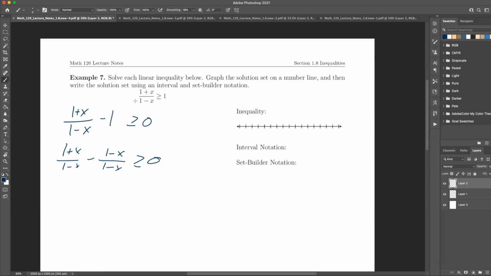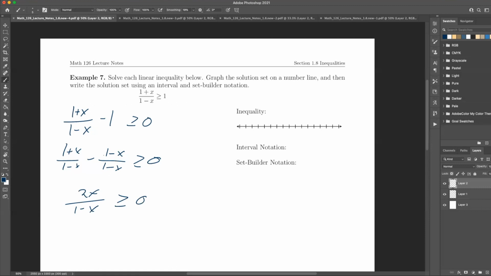I'm rewriting 1 as 1 times (1 minus x) over (1 minus x) to make them have a common denominator. But since it's multiplied by a 1 already, I just left that out. If I add these two together, I'll get 1 minus 1, so that's 0, x minus a negative x, so that's 2x. So I'll have 2x over 1 minus x is less than or equal to 0.